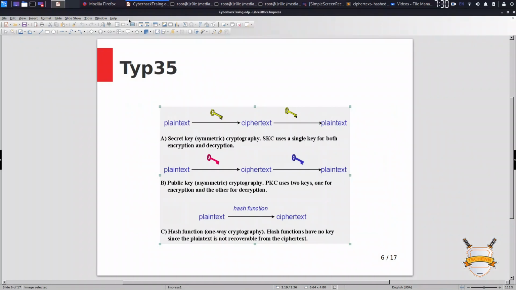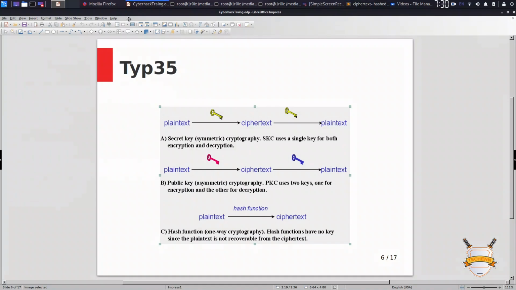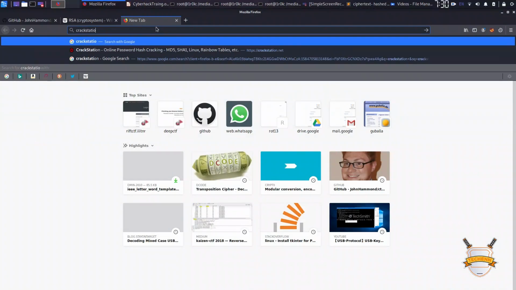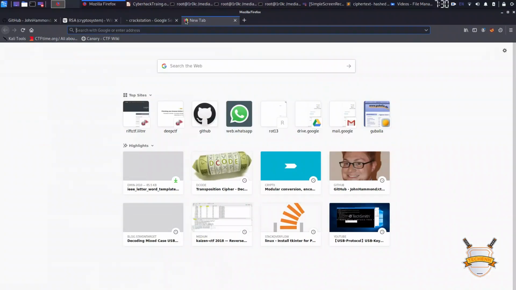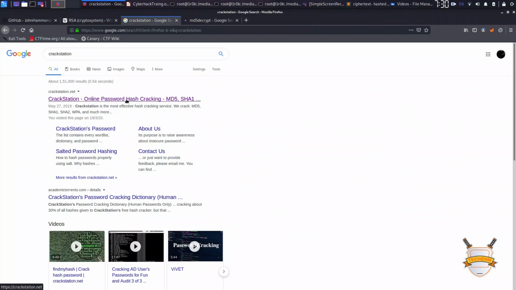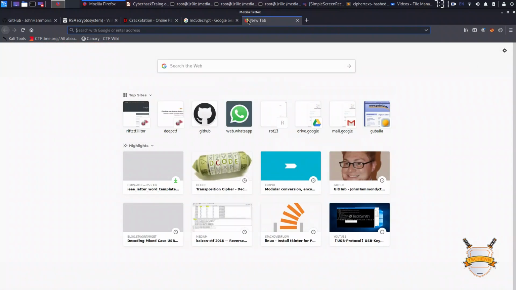Usually we do not know which type of hash it is, so we generally brute force it using these websites, CrackStation and MD5 Decrypt. Let's generate a hash.